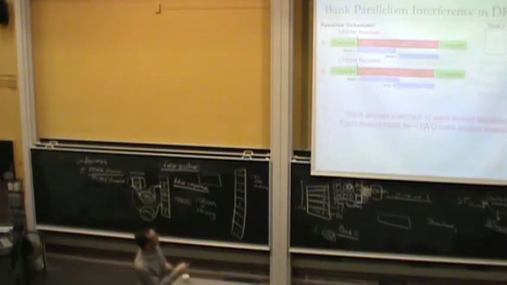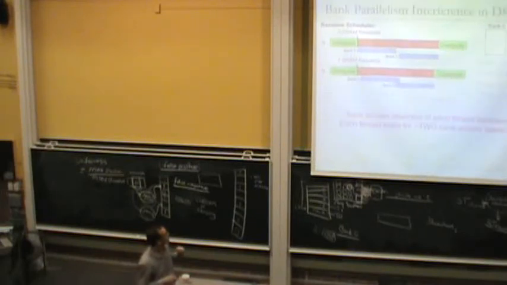Now what happened here is, even though you could have serviced A's request in parallel in different banks, this did not happen. The controller serialized those requests. Serviced this request after the other. Which means that each thread now stalls for approximately 2 bank access latencies. Okay.